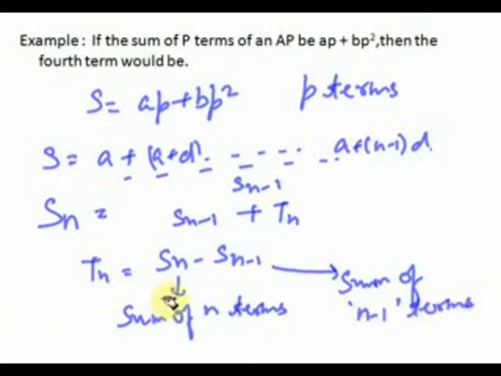Right? Now we are given that Sp, the sum of p terms, is equal to ap plus bp square. So if we have to calculate the value of the pth term of this series, Tp will be equal to Sp minus S(p minus 1).